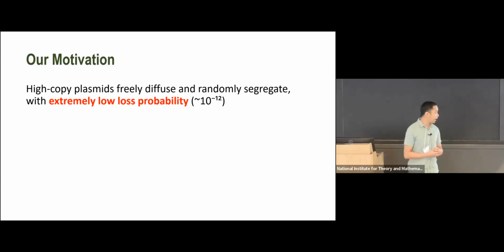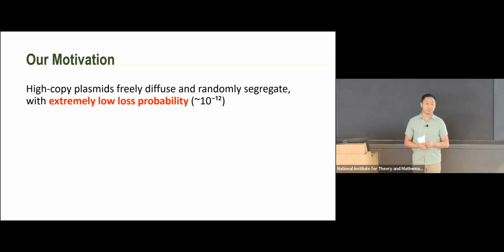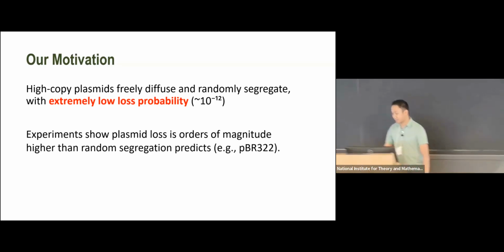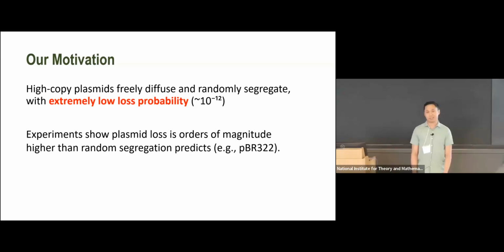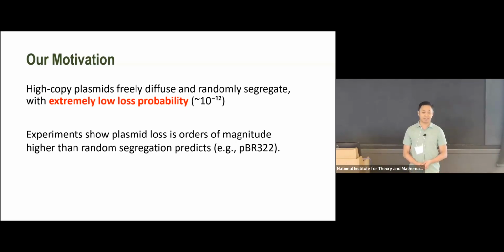For high copy plasmids with a copy number of around 40, this loss probability is around 10 to the negative 12. But the motivation is that in experiments, the loss probability is several orders of magnitude higher than what is predicted by binomial segregation. So this is around 10 to the negative 6. Our question is, what drives that difference?